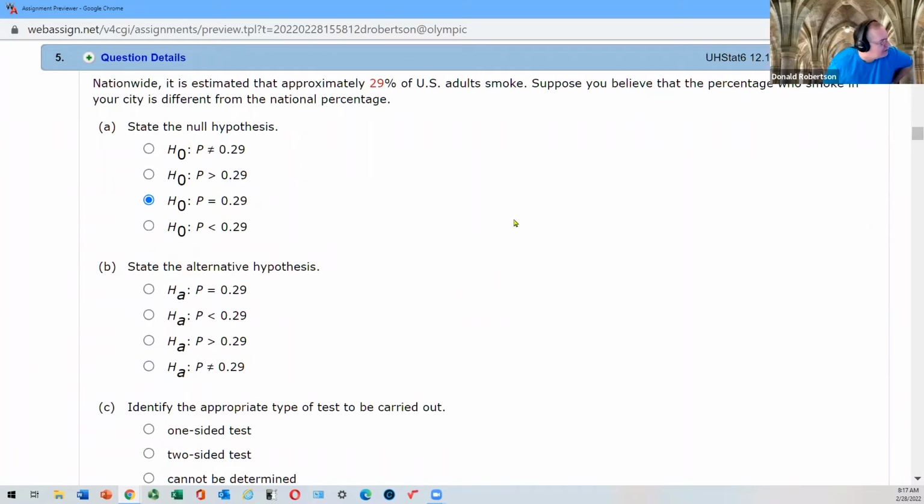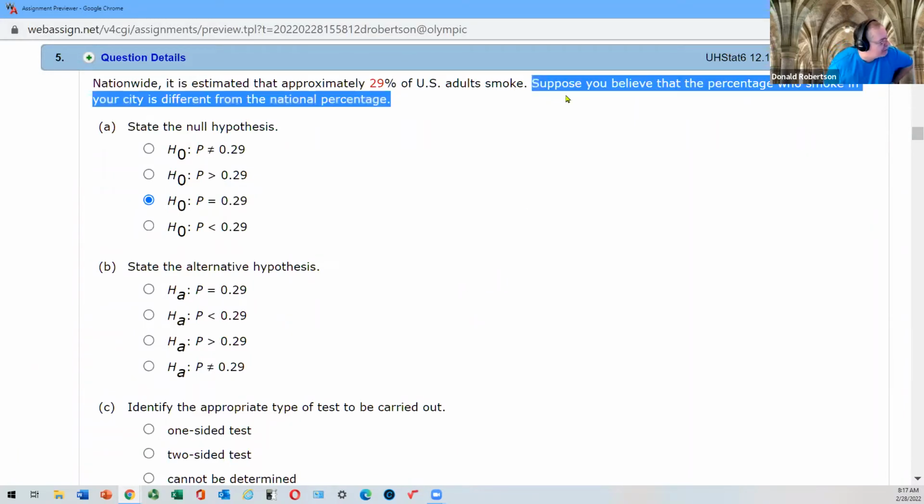The alternate is based on this part. What do you want to prove? Well, we want to prove that it's different. So which one of those dots, 1, 2, 3, or 4, would be the alternate, that it's different from 0.29? Isn't different just another way of saying it's not the same as, right? It's not equal to.